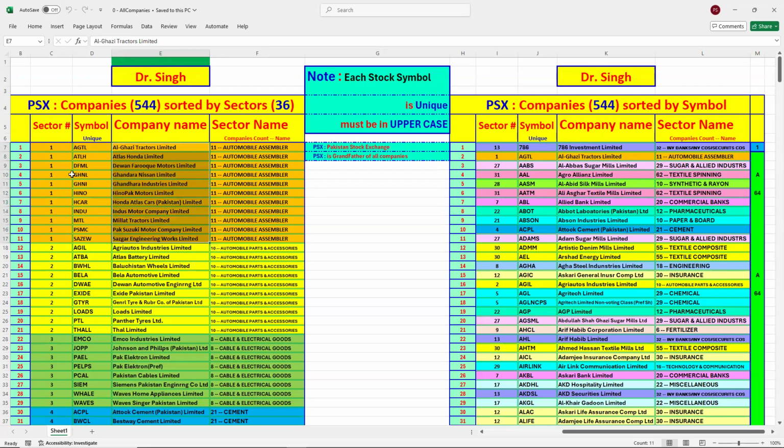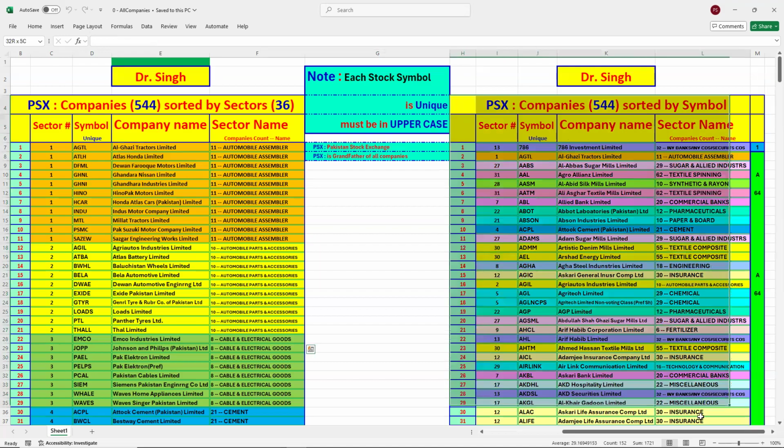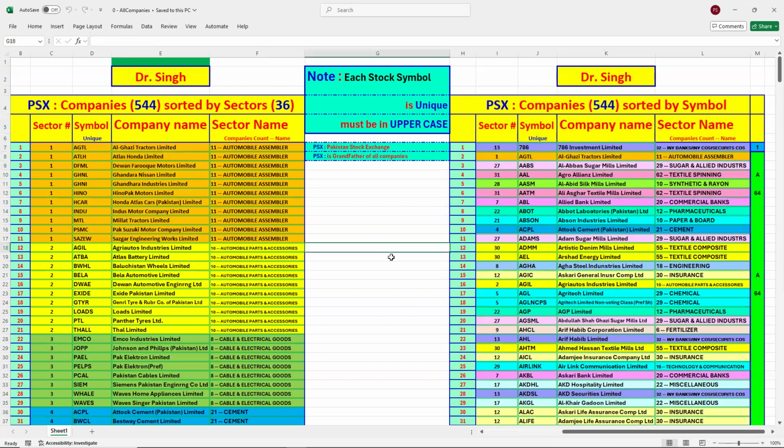Now, before I go there, the table on the left side and the table on the right hand side are exactly the same, meaning the information is the same, except the table on the left side is sorted on the sector number, like 1, 2, 3, 4, like you see over here 1, then you see the 2 over here, sector number 2, and so on and so forth. Whereas the table on the right hand side is sorted on the stock symbols.